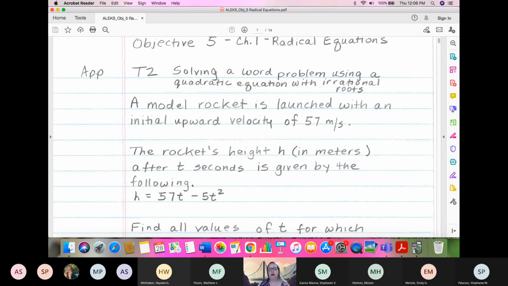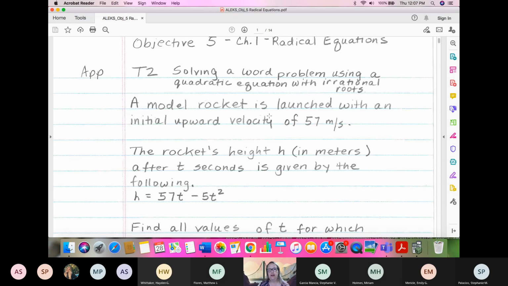So a rational root is a nice fraction. It has a nice number upstairs and a nice number downstairs. Irrational numbers could be like the square root of 2, the square root of 55. That's what we're talking about. Just numbers that aren't so nice.